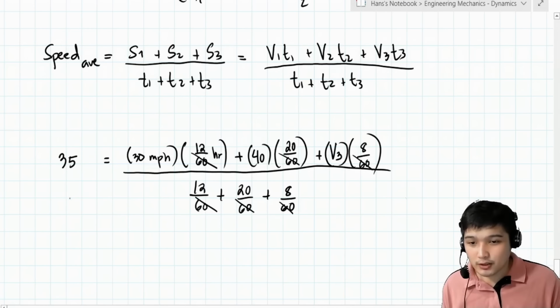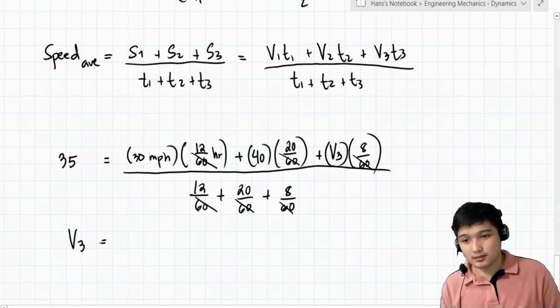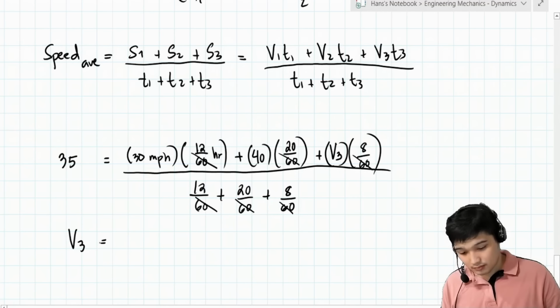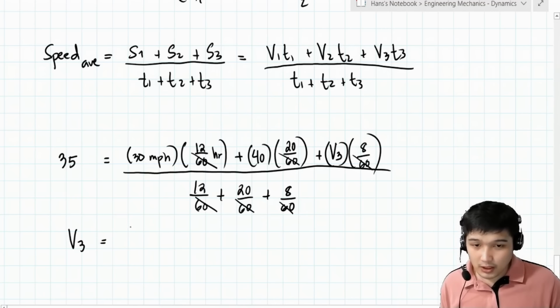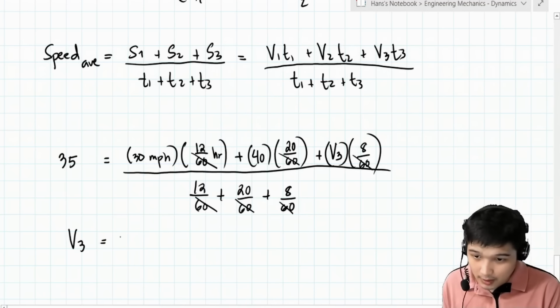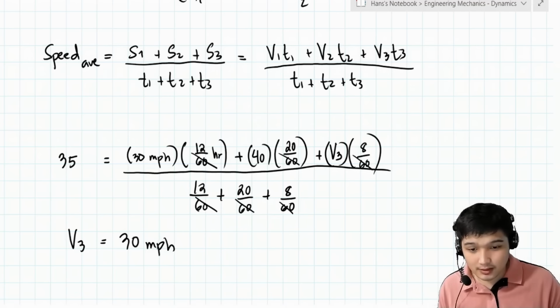So definitely masolve natin backwards yung V3 na required. So ilan yan guys? Okay, so lumalabas that the required velocity sa last 8 minutes ay dapat 30 miles per hour. So ito yung sagot natin guys.